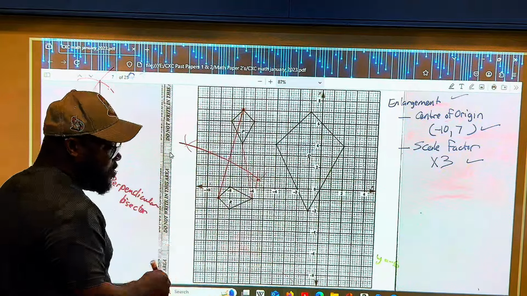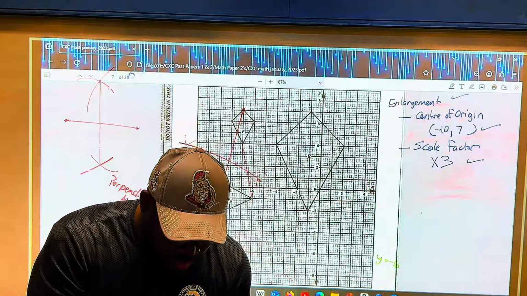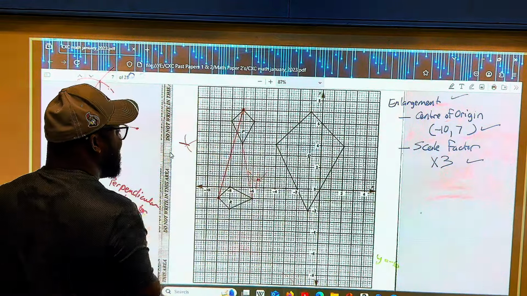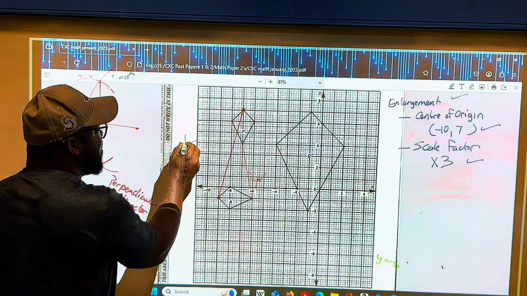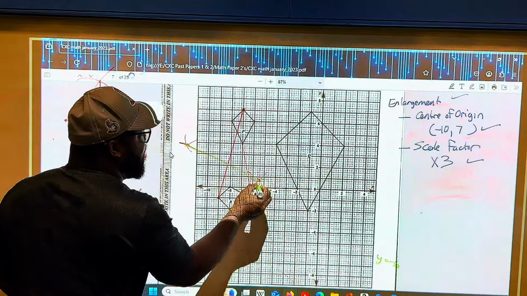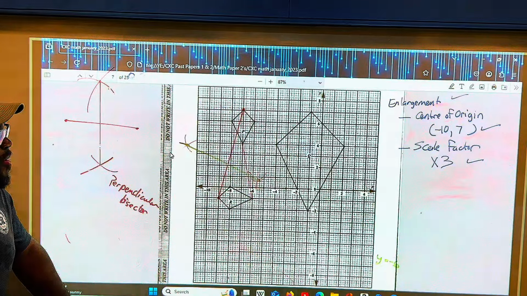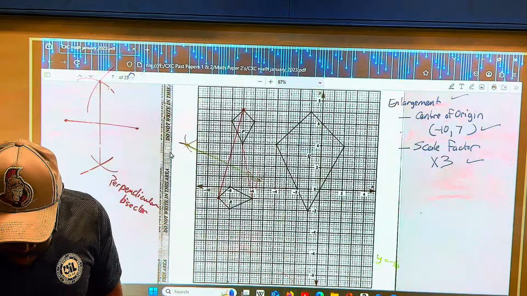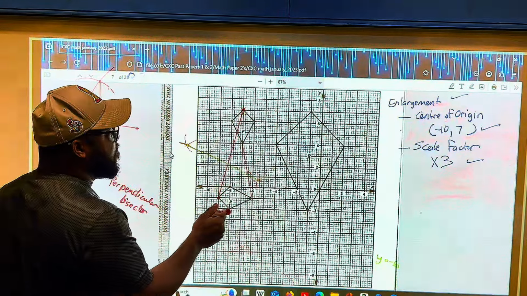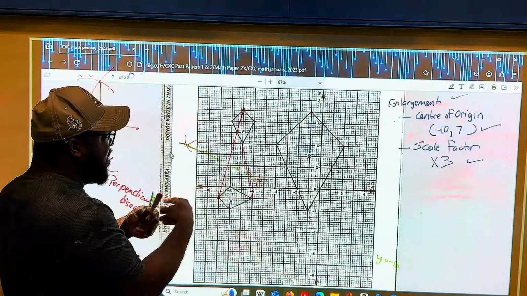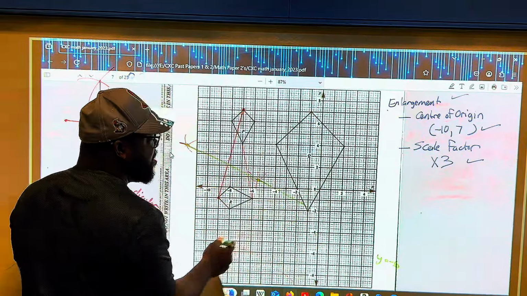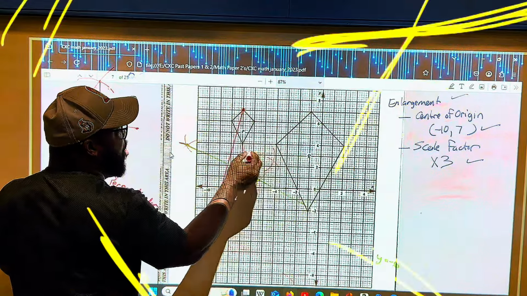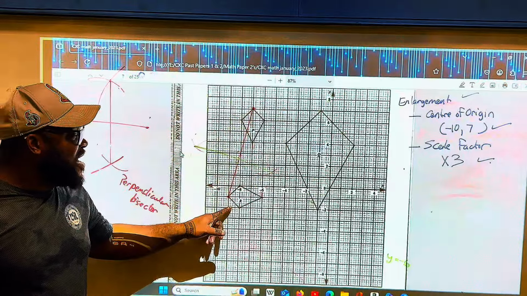We use a different color. Then I'm going to bisect this other line. Wait, this line is supposed to go further. Draw this line as long as possible. Then you bisect this line here. Boom, and done now.